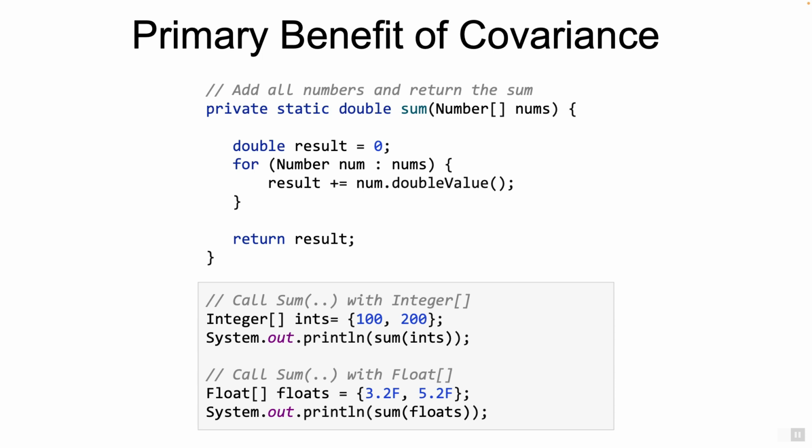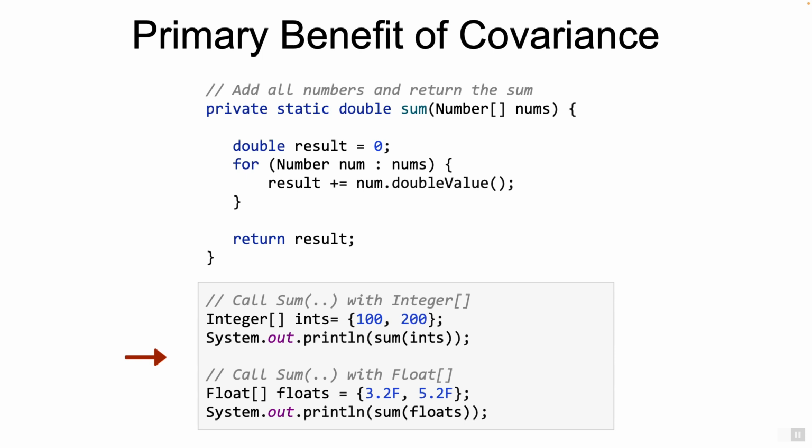Now because of the covariance property of arrays, we can pass a variable of type Number array, Integer array, Float array, etc. And the code works just fine. In the example code where it actually calls the sum, both examples are able to print the sum correctly. They use Integer and Float arrays.